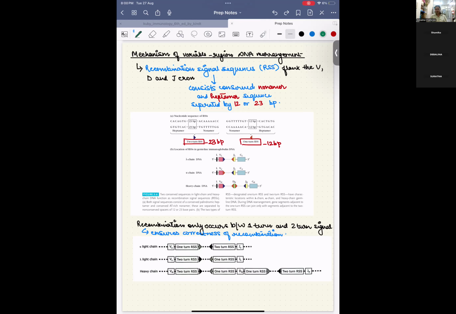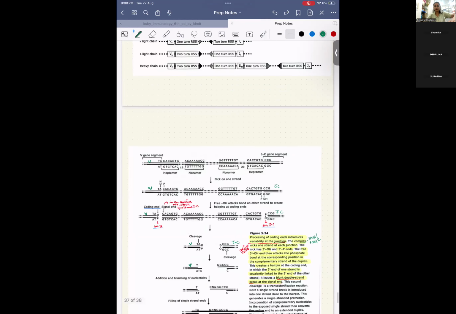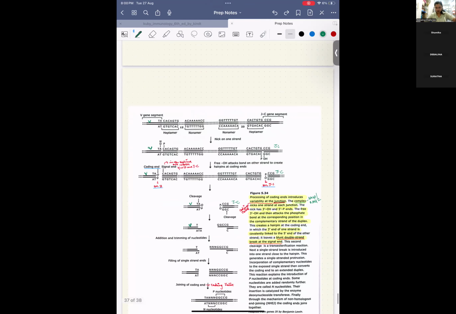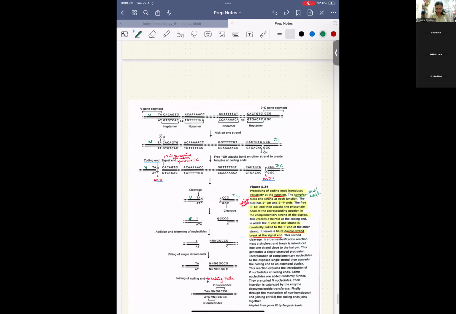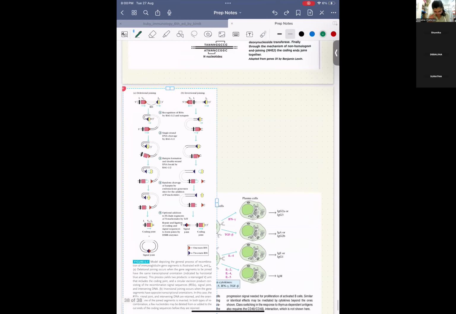Okay, now that we understand all the recombination and everything that is happening, we'll try and understand what exactly is the mechanism mediating it. Now, if you look into QB, it gives you a diagram that looks something like this.